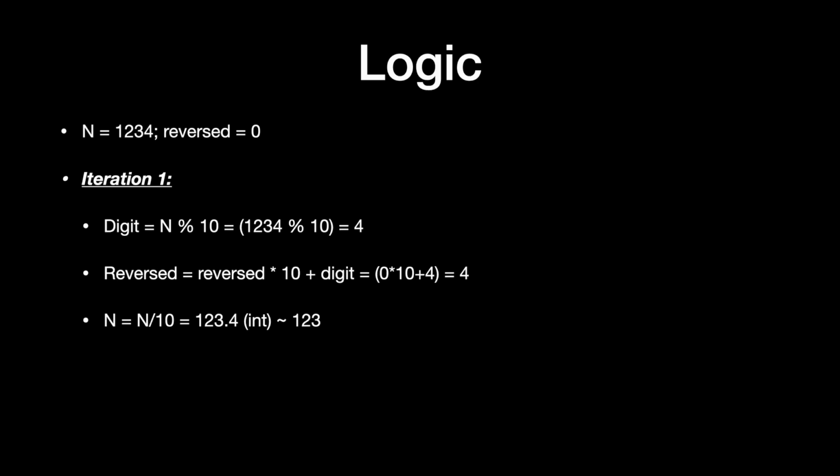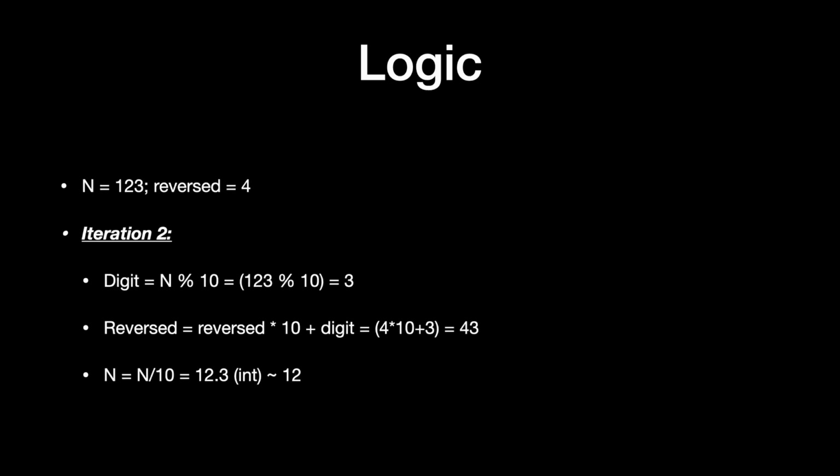That is 123.4. But as it's an integer data type, the number after the decimal point is removed, and the answer will be 123. So the new value of n is 123. And now, moving to iteration 2, the n value is updated to 123, and reversed is 4.